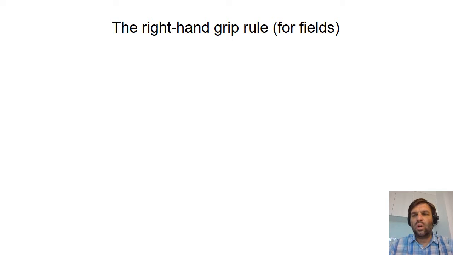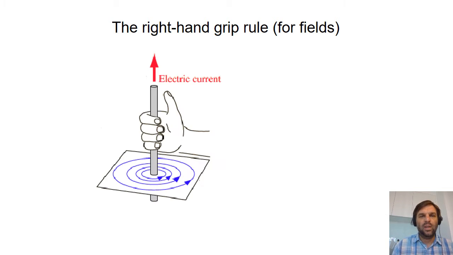In terms of the direction of this magnetic field, we use something called the right-hand grip rule. Here is my trusty wire, and we're going to use the right-hand grip rule to work out which way the magnetic field goes around the wire. If we have a wire here and the current is going up, we get our right hand and grip around the wire.